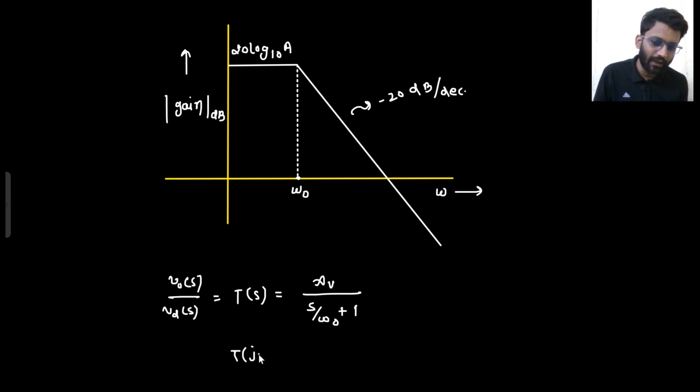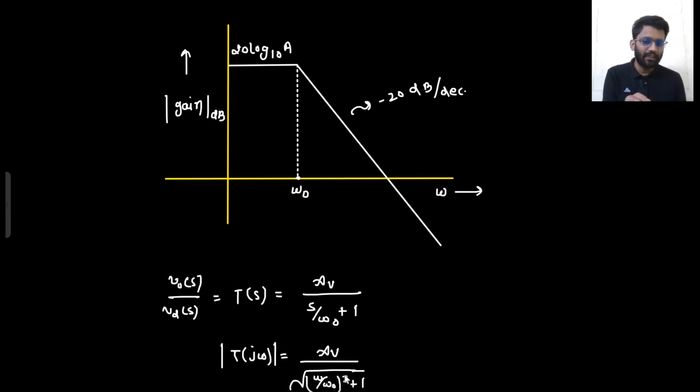So for that you need to write the magnitude of T of j omega, which would be A V divided by root of omega upon omega naught whole square plus 1, as I replaced S with j omega.